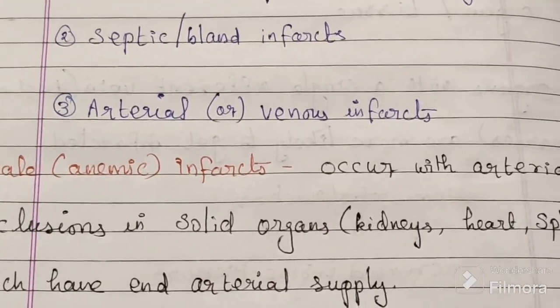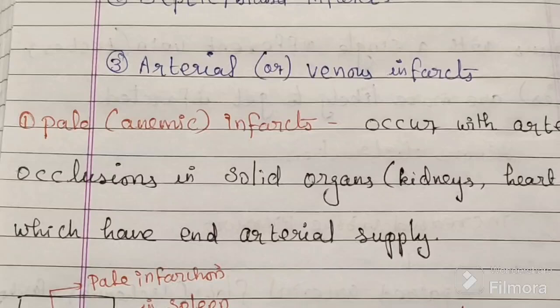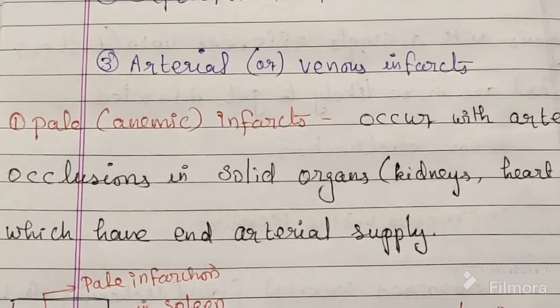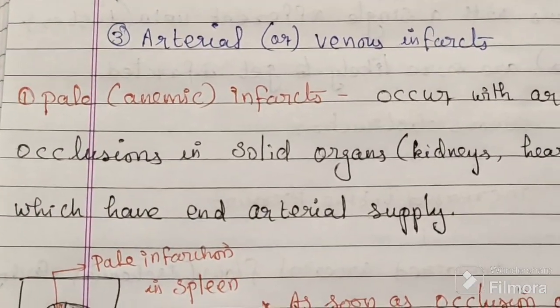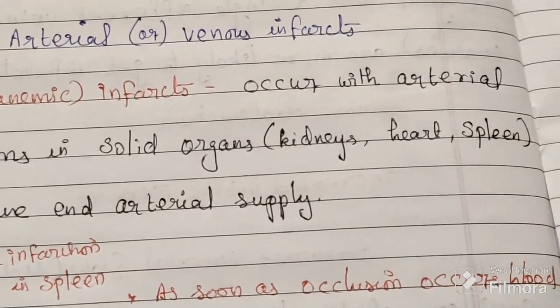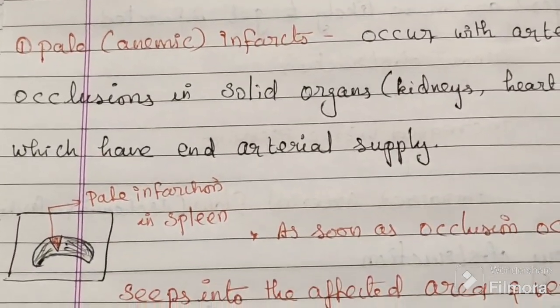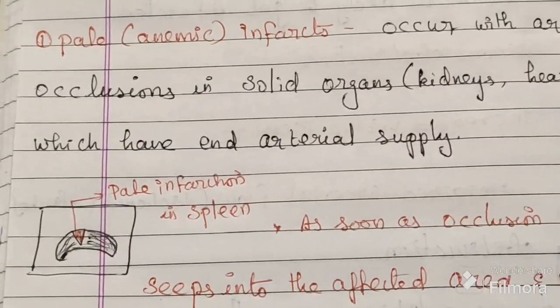Pale anemic infarct occurs with arterial occlusion in solid organs like kidney, heart, and spleen, which have end arterial supply.